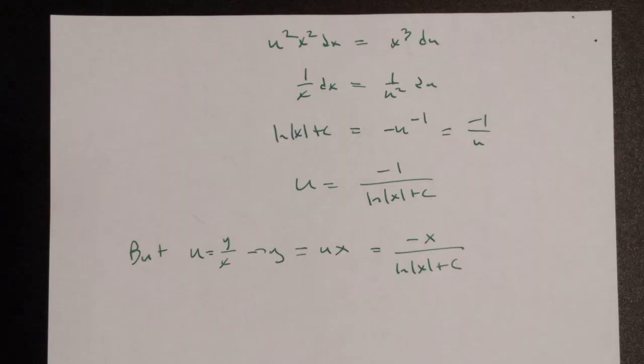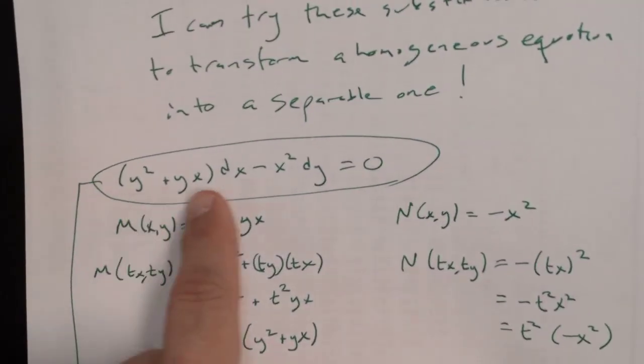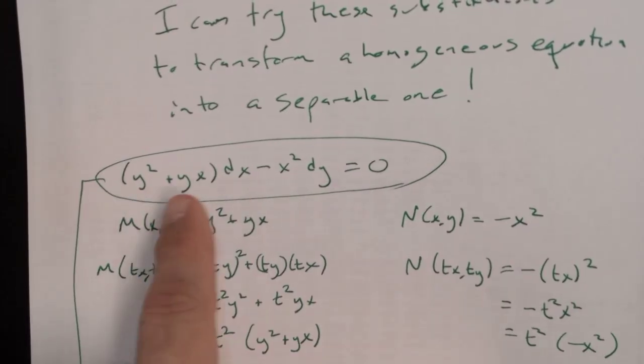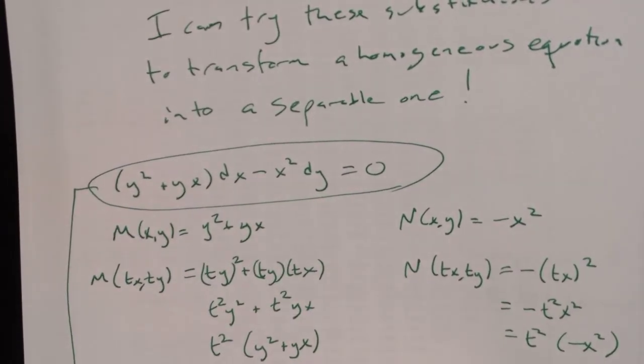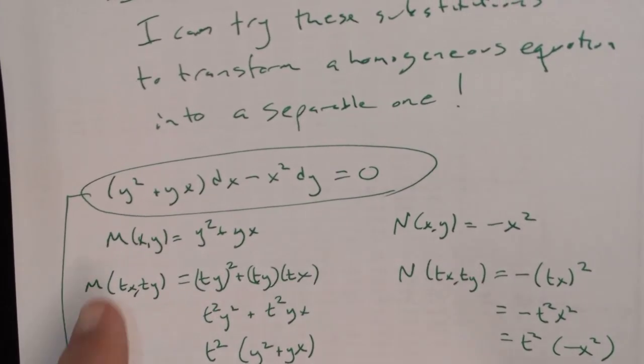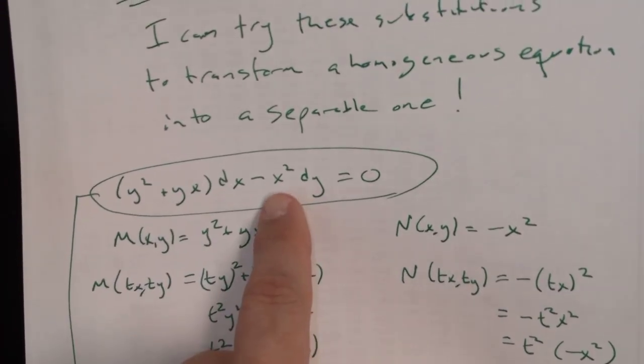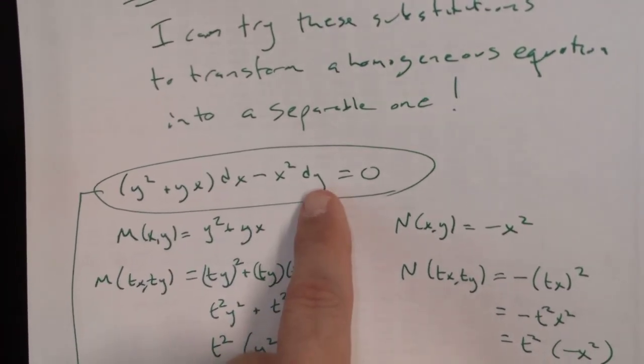By the way, how did I decide which one to do? I did a coin flip, right? But really, I can go back and look, and I can say which one of these two expressions is simpler. If this one is simpler, do the substitution on y.